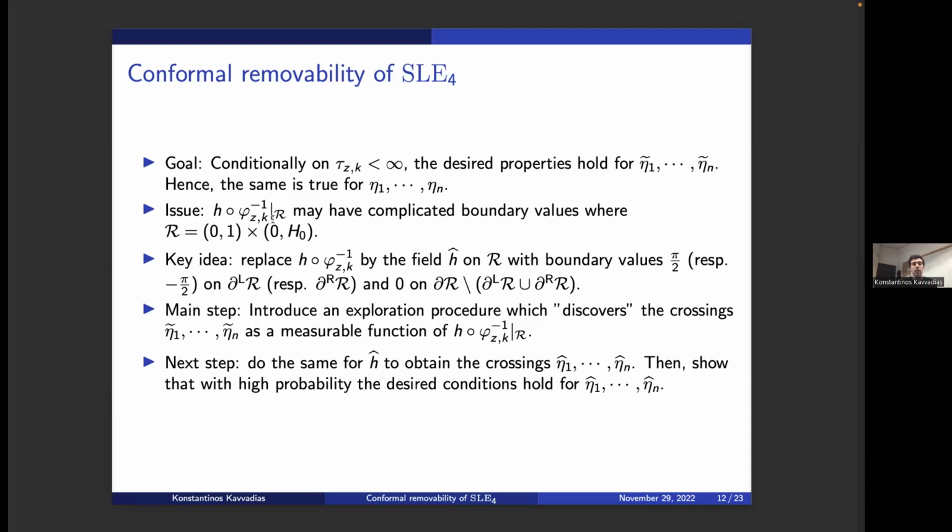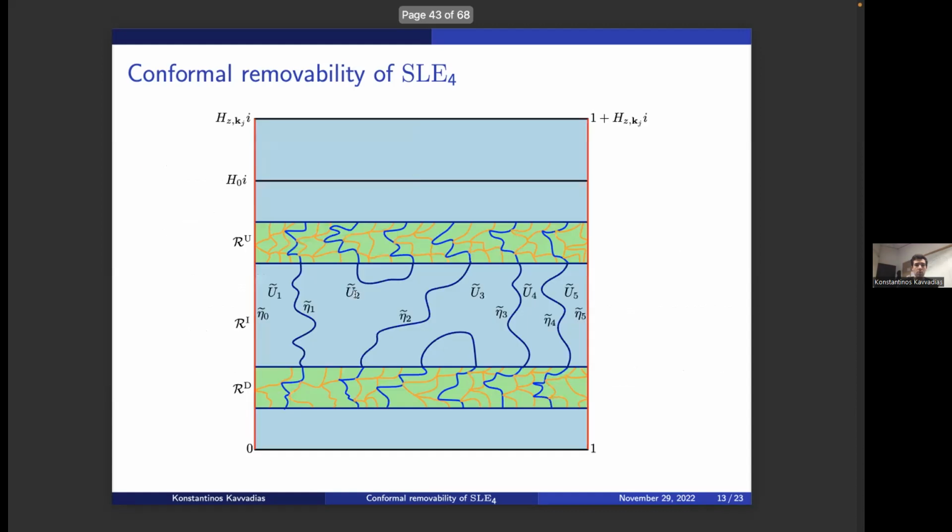So therefore, instead of deterministic scales k, we need to consider random scales at which the situation is good. What I mean by that is illustrated here. So here we perform the exploration that I mentioned, which somehow discovers the crossings in two rectangles, in an upper rectangle and in a lower rectangle here.